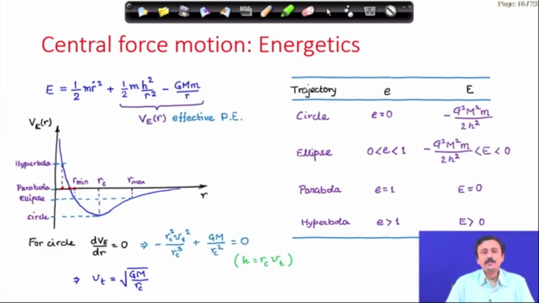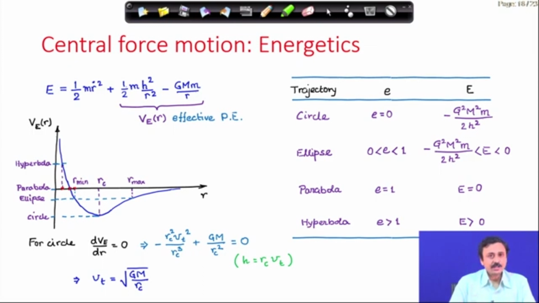And we also studied the effective potential energy, which we have plotted along with the various levels of energy. You see, this effective potential energy is the total energy when r dot is 0, that means r equal to r min.